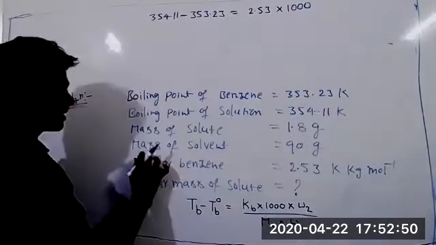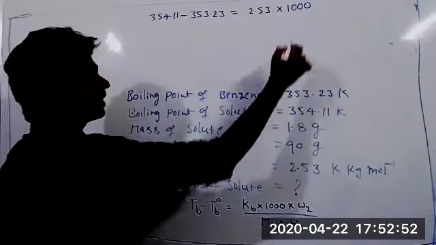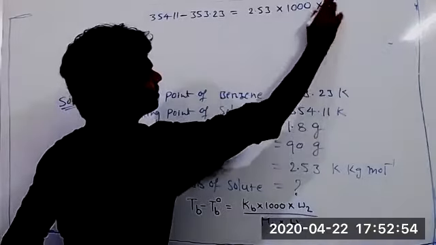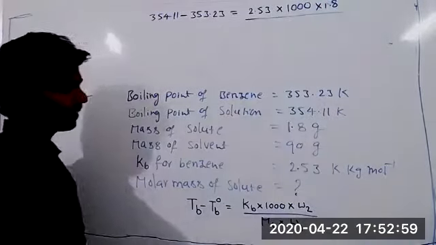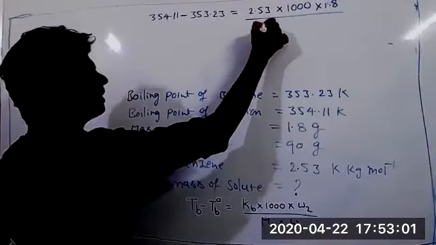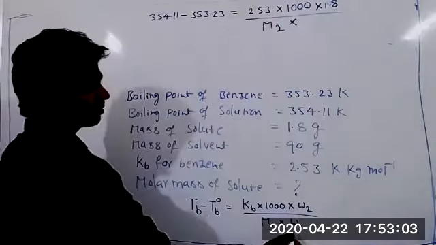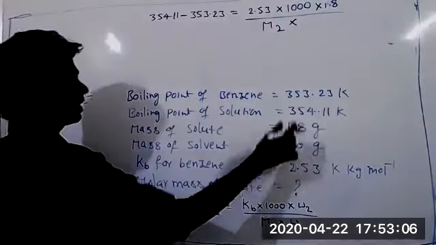W2 is the mass of solute, 1.8 grams, divided by M2. This only we have to calculate, the molar mass of solute, into W1, the mass of solvent, 90 grams.